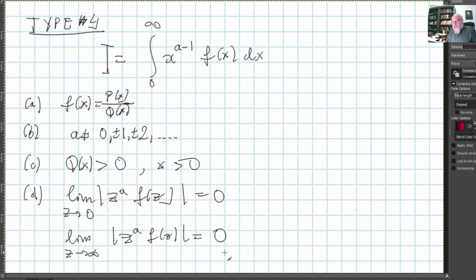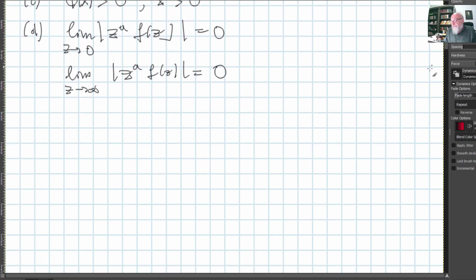So those are two conditions that we have.